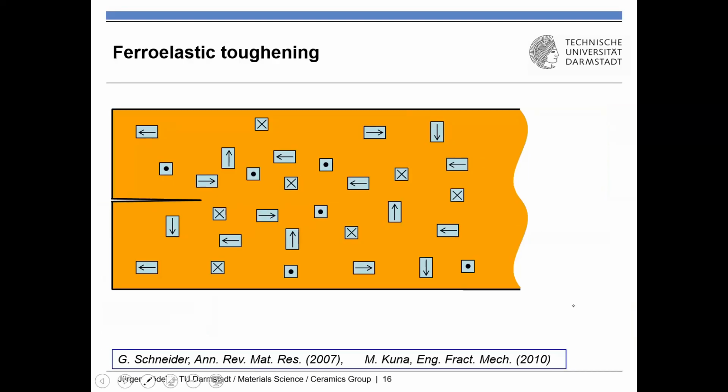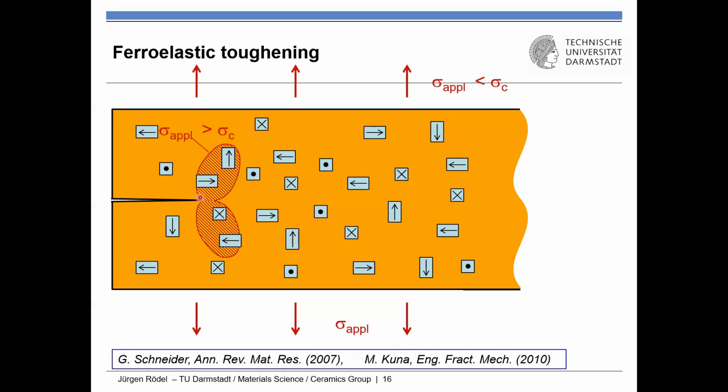Now, ferroelastic toughening goes like such. This was described by these mechanics people who are also very, very good in ferroelectrics. So this is quite well known. So here's the crack. Then we apply a stress onto it. What is drawn in is the orientation of polarization vectors.